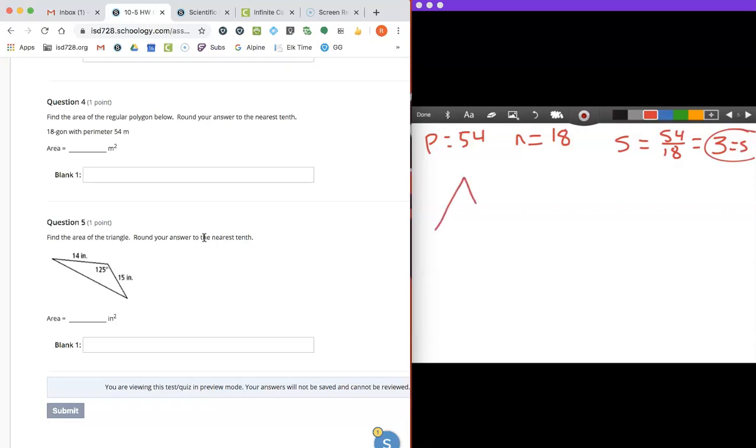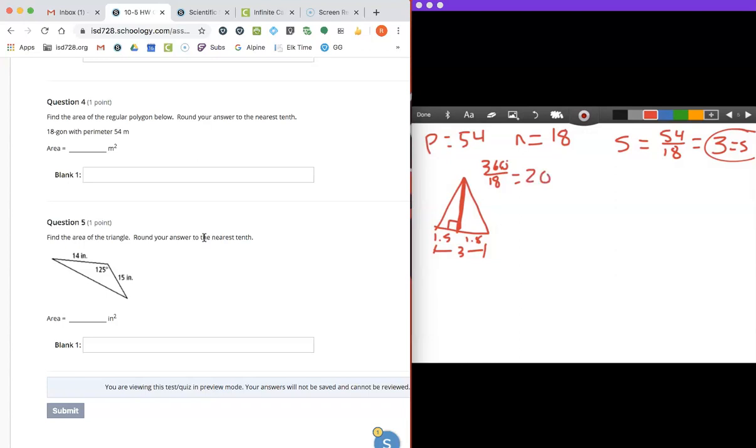Okay, so here's what I know. I'm just going to draw one triangle again. They gave me a side length of 3, not a radius, but a side length. I need to figure out the apothem. So what I just did there is I cut the 3 into two 1.5s. I need to do 360 divided by 18 to figure out the angle up top.